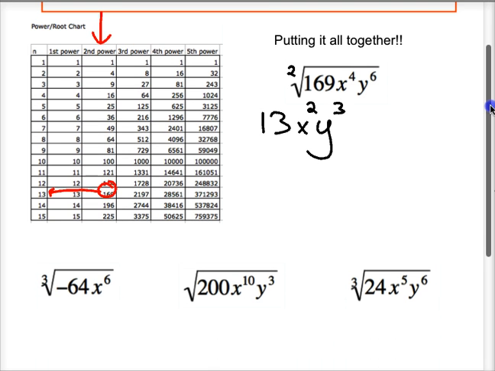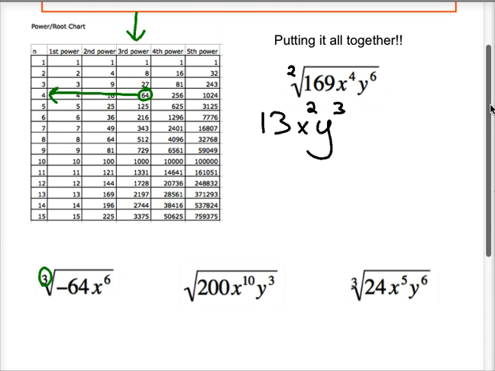So let's keep moving right away. This time we're talking about a cube root. That means we're going to be looking at our third power. And I see 64. Well, in the third power list, 64 becomes 4. Now, the thing I'm noticing here, though, is it's not just a 64.